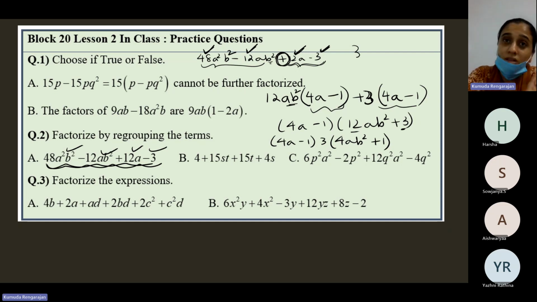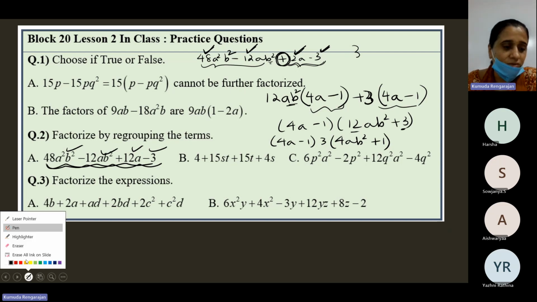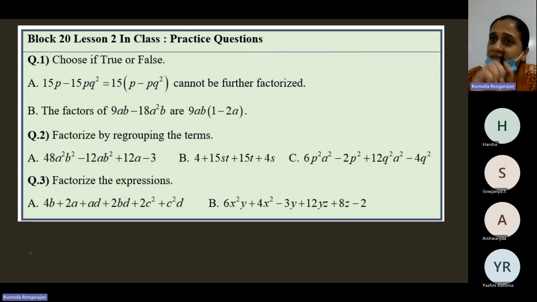Whenever all the terms of the expression have something in common, first bring out that common factor and then group. You can do it in 2 ways. I have the answer in both the ways. I'll show you the answer now. So in this expression of 4 terms, 3 is common to all the 4 terms, right? So take out that common factor first.